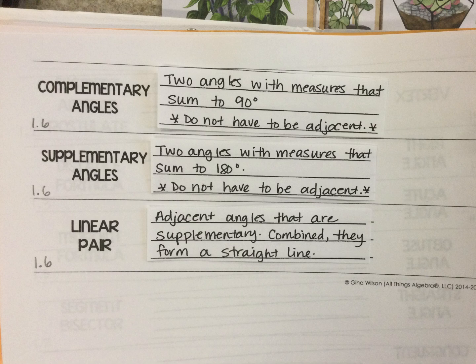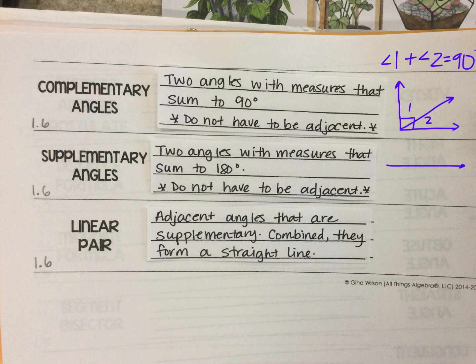So complementary angles are two angles with measures that sum to 90 degrees. So I could have a 90-degree angle, and I got two angles, angle 1 and angle 2. So angle 1 plus angle 2 equals 90 degrees. Supplementary are two angles with measures that sum to 180.